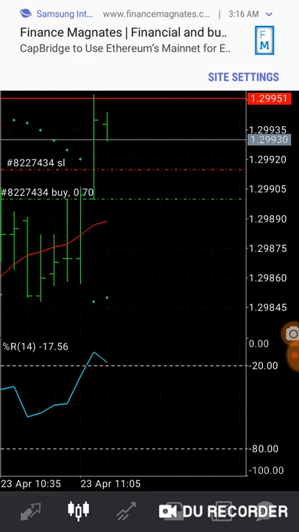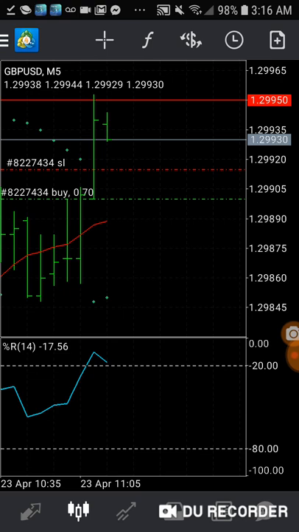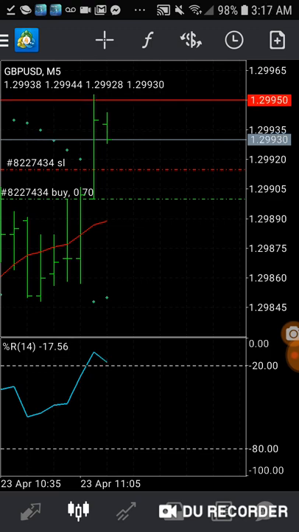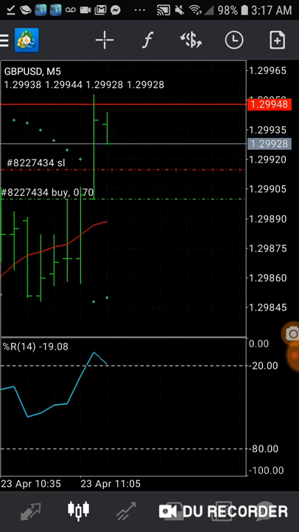Because once you go into winning territory, the one thing you do not want to do is turn a winning situation into a losing situation. I would rather have a whole bunch of little winners than one big loser. So account management and capital preservation is of the utmost importance when you're making these type of trades.